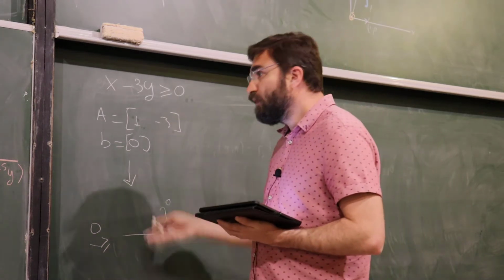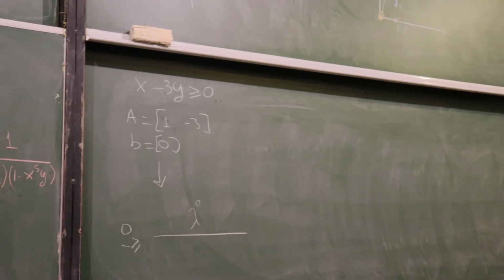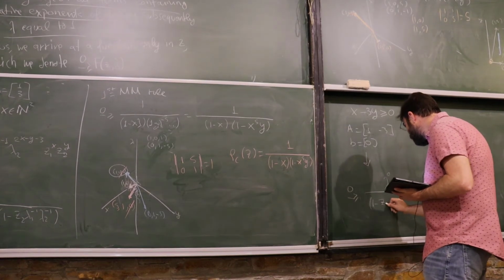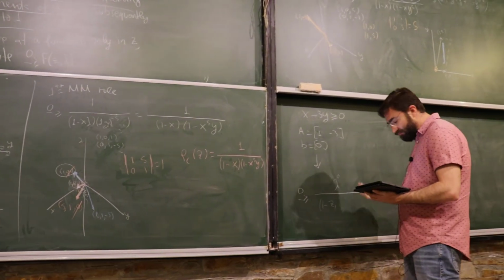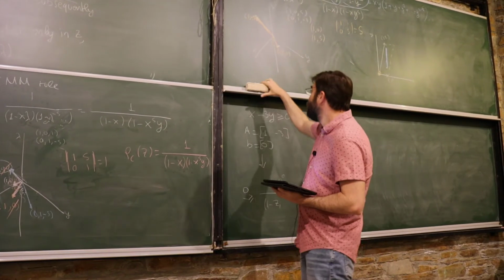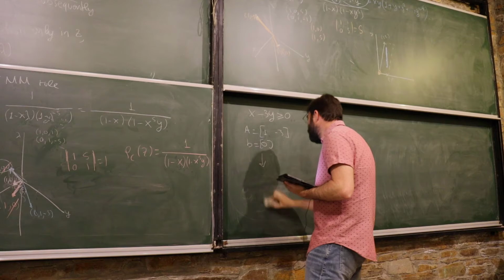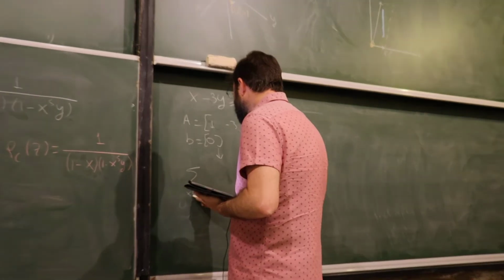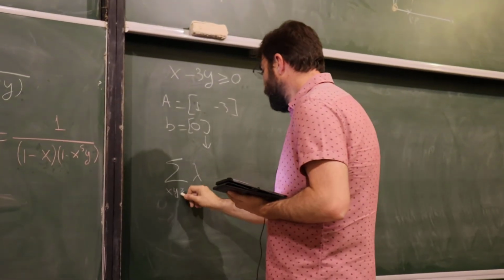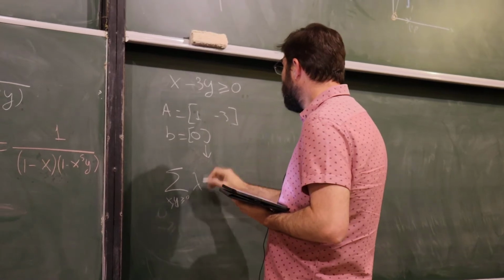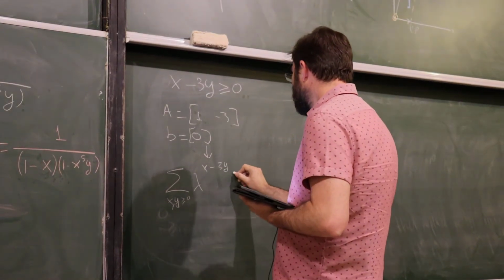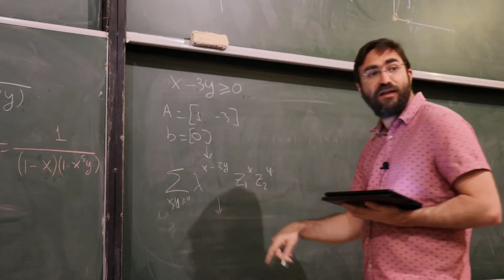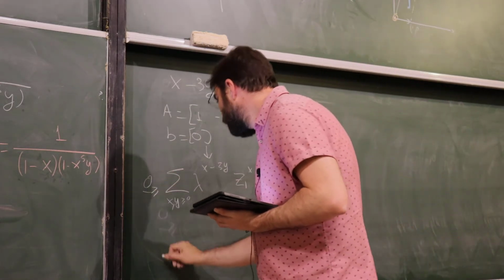And then we need to construct these terms, right? So then we will have z1 and, okay, actually I will do the multisum. We want x and y, non-negative, such that we have lambda to the x minus 3y, z1 to the x, z2 to the y, right? How do we write this as a rational function? We want to apply omega on that.